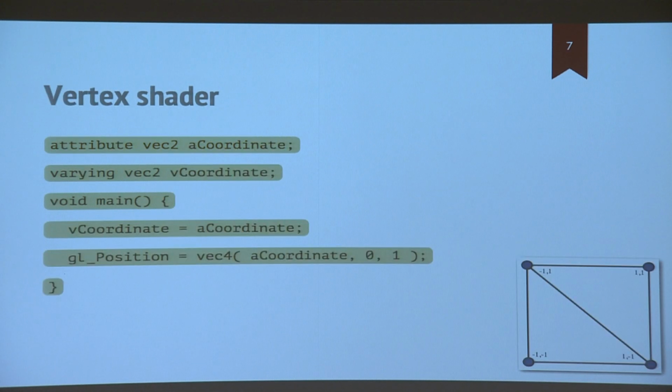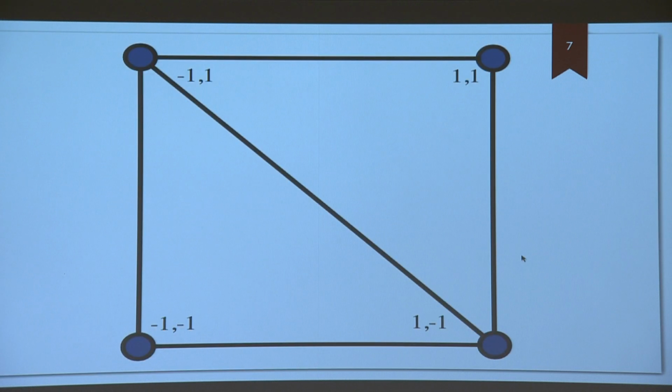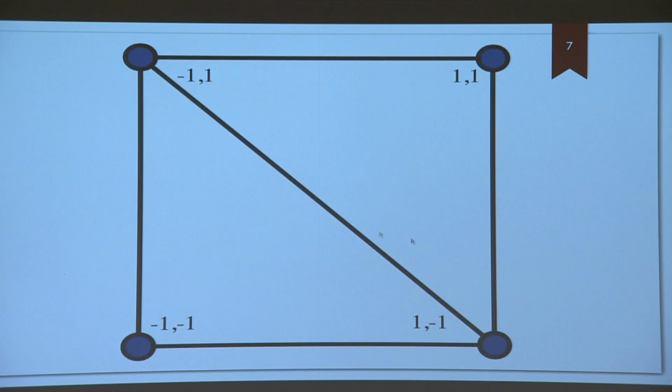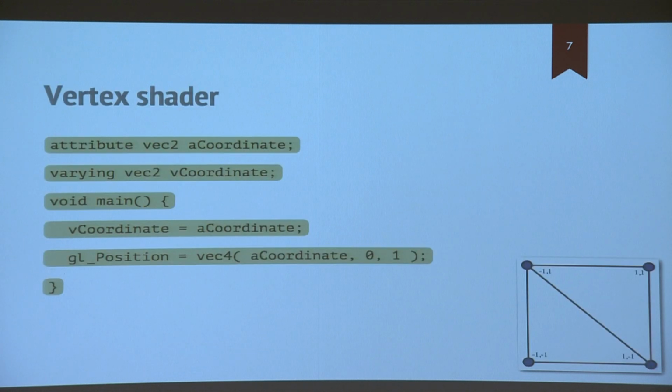So when we are in the vertex shader, we set some value on each vertex. In this case, we're just setting the coordinate, and we set it to this V coordinate varying parameter. And then what the graphics card is going to do, as it goes bit by bit between our vertices, is smoothly increase the value of that parameter to give us a gradual increase from one side to the other.